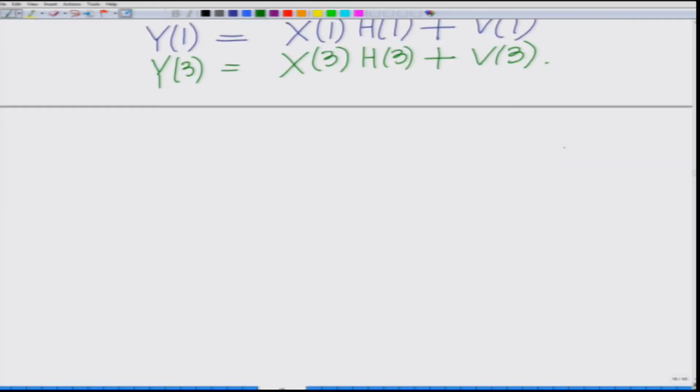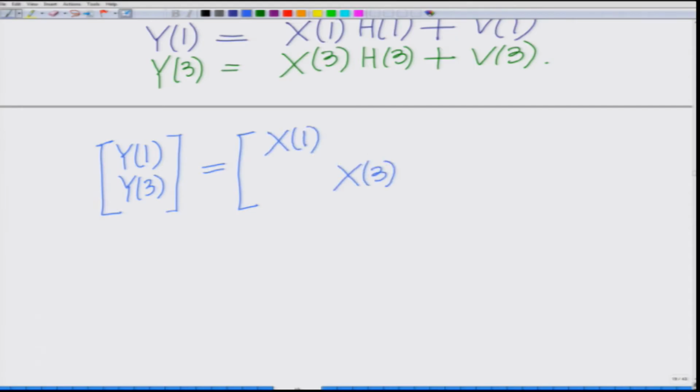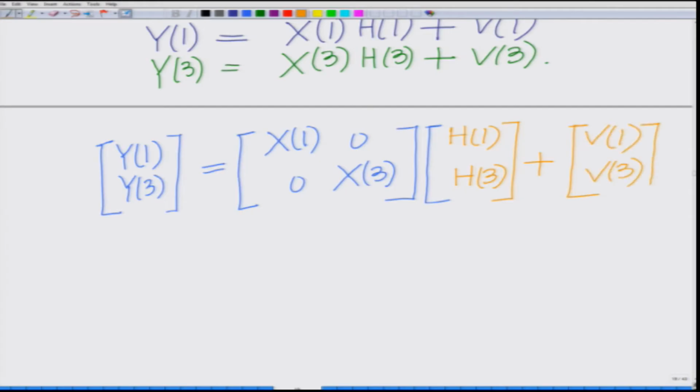Now writing this in matrix notation, I have the vector Y1, Y3 equals the diagonal matrix X1, X3 times the vector H1, H3 of channel coefficients, plus the vector V1, V3.